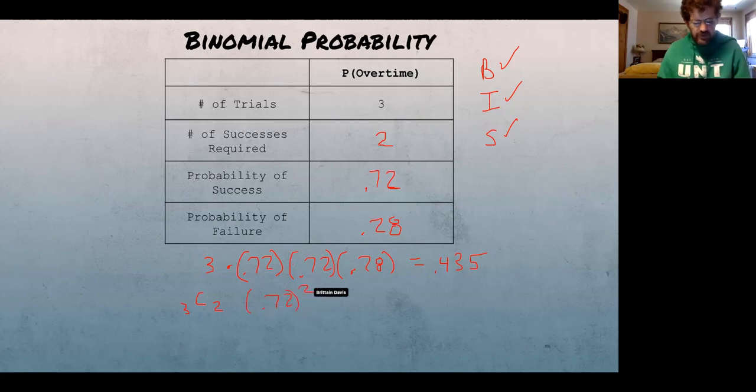Now 2 happens to be the number of successes. So it's this number right here. So it's raised to the power of the number of successes, and then multiplied by the failure probability, raised to the power of whatever's left over. There were 3 trials, 2 of them were successes, so 1 of them is a failure, so I raised it to that power. And of course, this is still the same thing. I haven't fundamentally changed the problem. It's still 0.435.